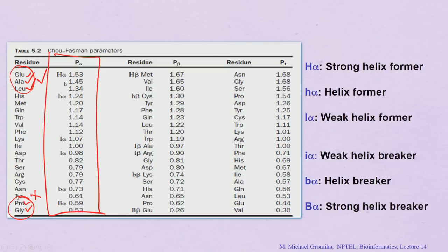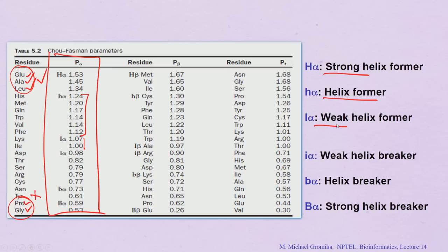First one is capital H alpha, this is strong helix former, because they have a high tendency to form helix since the value is very high, and then the small h alpha in this group. So they have a tendency to form the helix, that is helix formers. Then here just around 1, a little bit around 1, this is weak helix former.